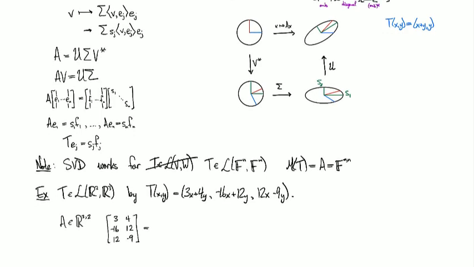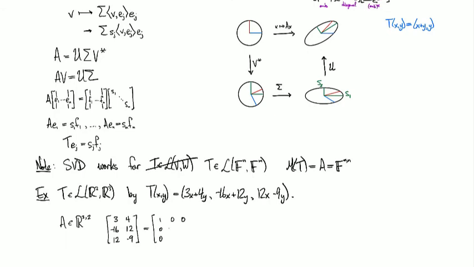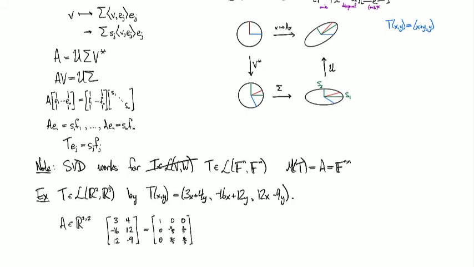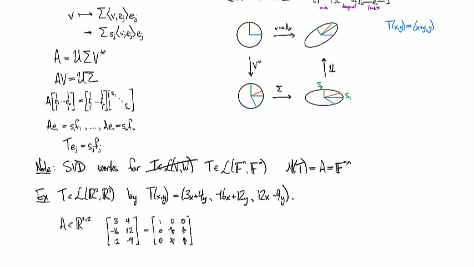Okay. So this guy actually can be written as, let's see, 1 0 0 0 0, and then we've got minus 4/5 and 3/5 and 3/5 and 4/5. I'm taking the first standard unit basis vector, and then for the orthogonal complement, I'm using this sort of skewed orthonormal basis with 3/5 and 4/5.